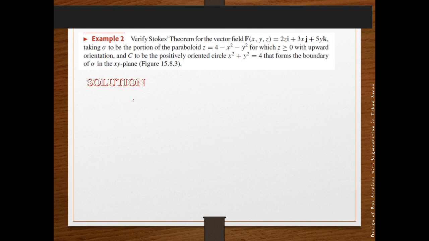So here the question is: verify Stokes theorem for a vector field F of x, y, z equal to 2z i plus 3x j plus 5y k, where sigma is the portion of the paraboloid for which z is greater than or equal to 0 with upward orientation, and C is the positively oriented circle x square plus y square equal to 4 that forms the boundary of sigma in the xy plane.